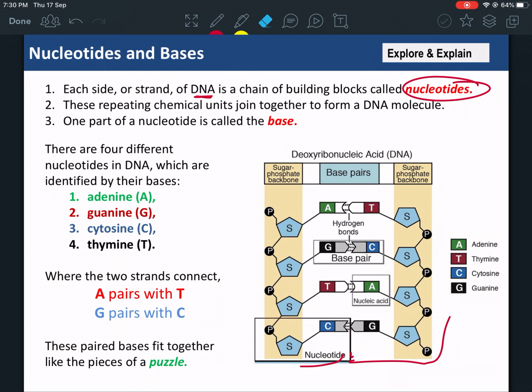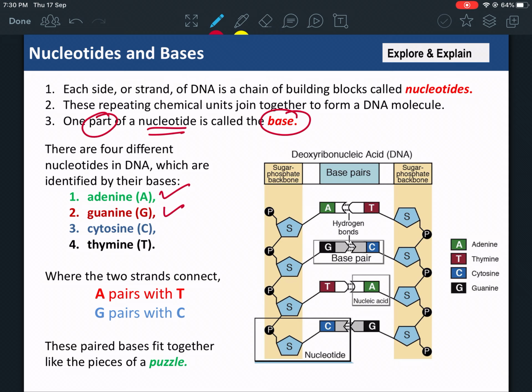Now, these nucleotides are identified by their bases. We have 4 bases. Now what are these bases? It's a part of the nucleotide. It's called base. These are these 4: A, G, C, and T. You see, these are called bases.